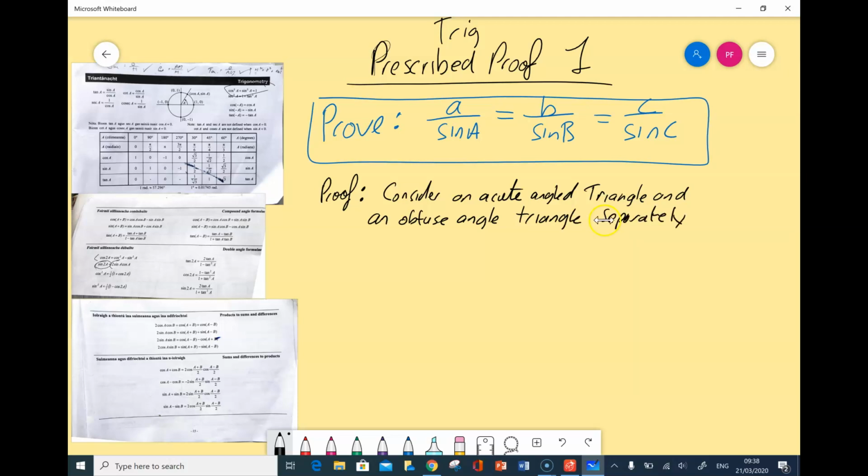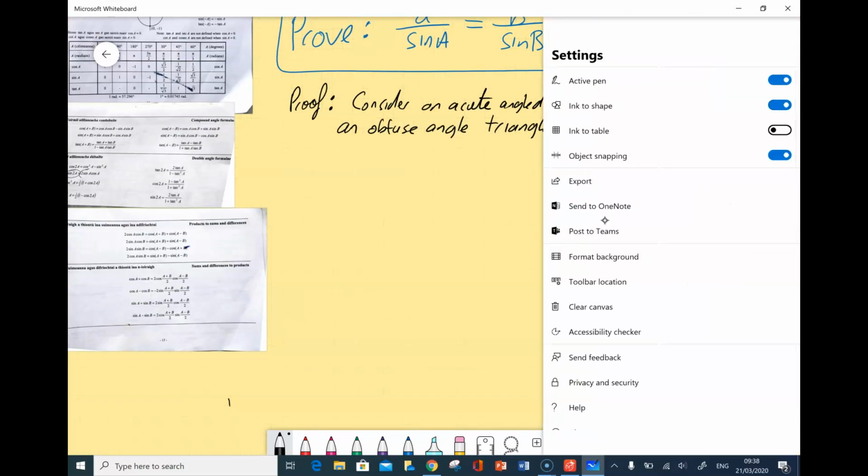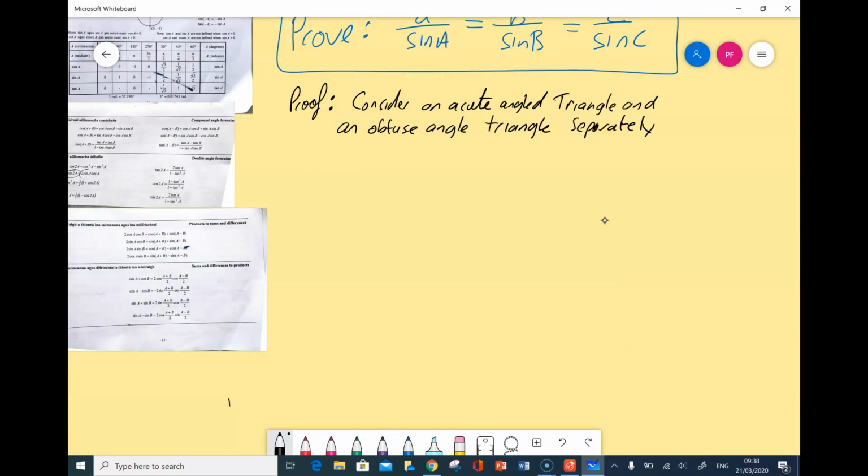Okay, so we're going to draw both of those. Right, an acute angle triangle, any triangle like that. Don't take that to be isosceles. And then an obtuse angle triangle.